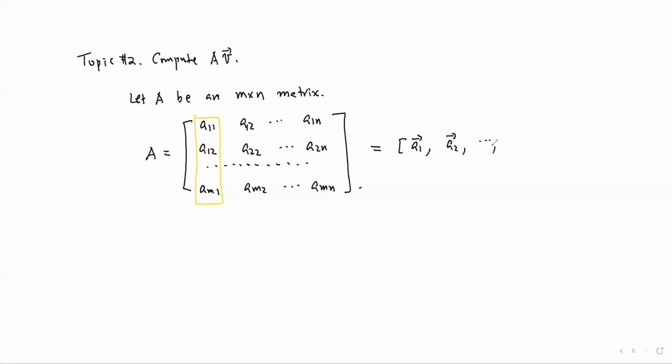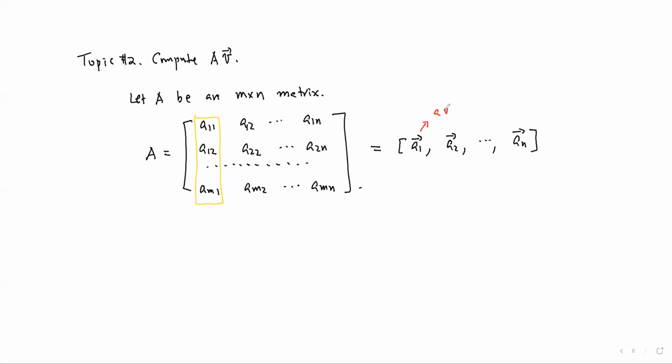The last column, let me denote it by AN arrow. So I cut the matrix into columns. Each column is a vector.